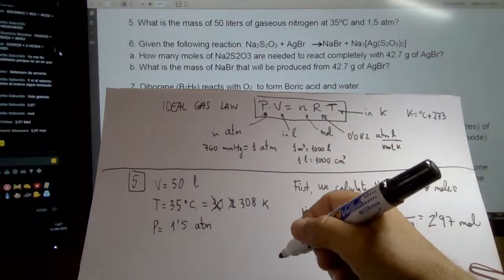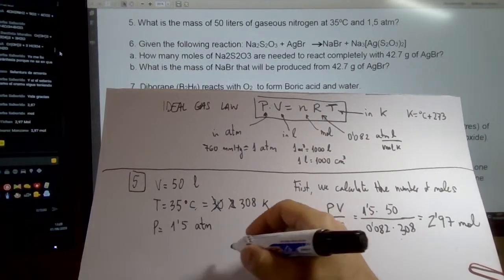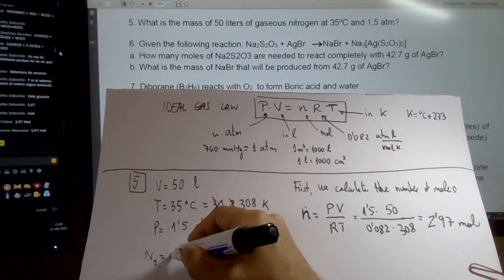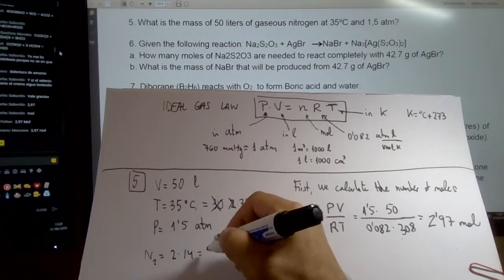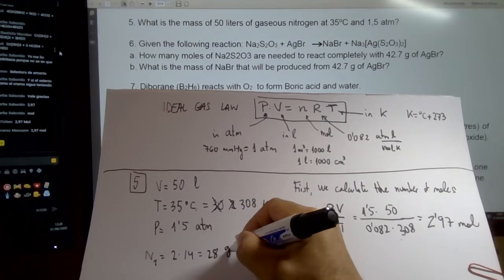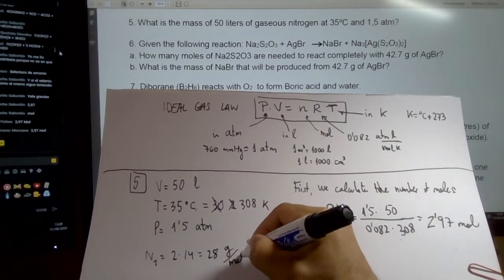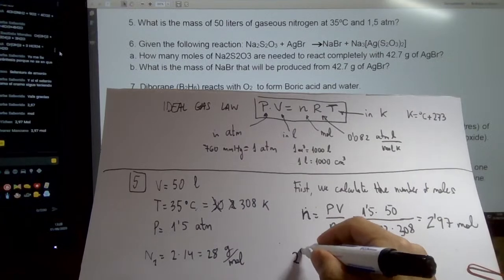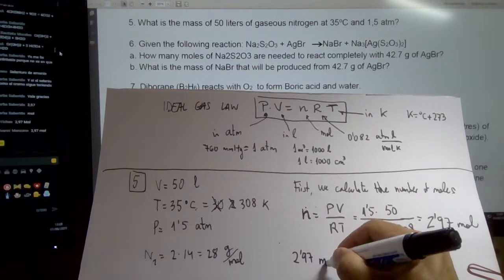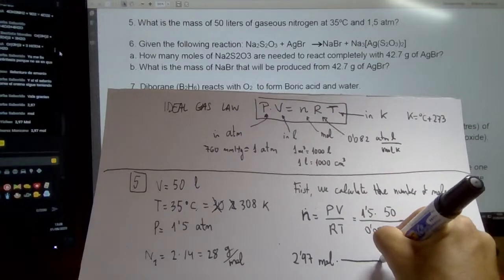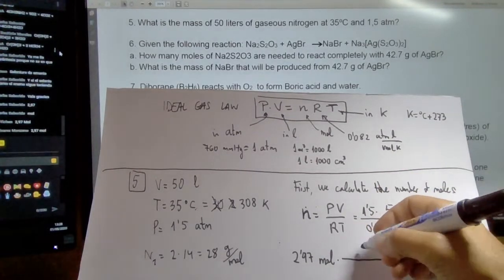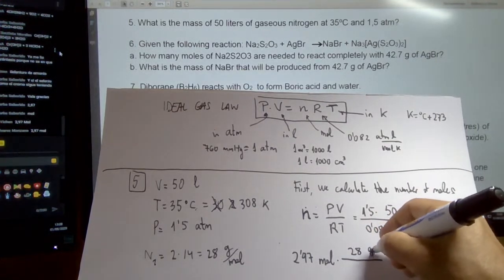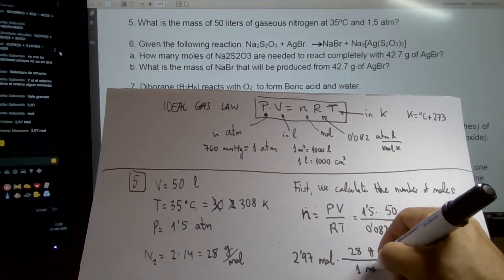And what is the mass of nitrogen? Gaseous nitrogen is N2. So it's 2 times 14 equal to 28 grams per mole. So 2.97 moles, and then we calculate the mass, we know that 28 grams is 1 mole.